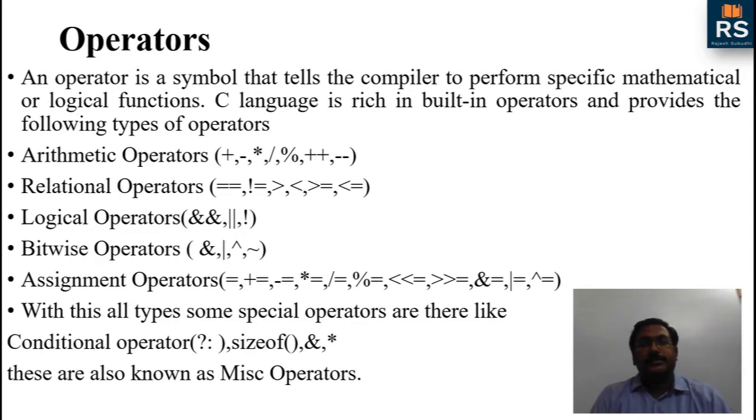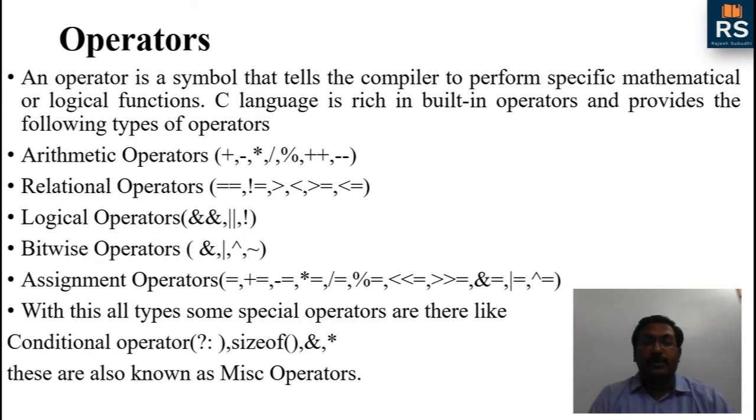Fine. Next, logical operators. And, or, and not are the three logical operators which we have. The double ampersand is known as logical and, the two bars are known as logical or, and the exclamation mark is known as logical not.